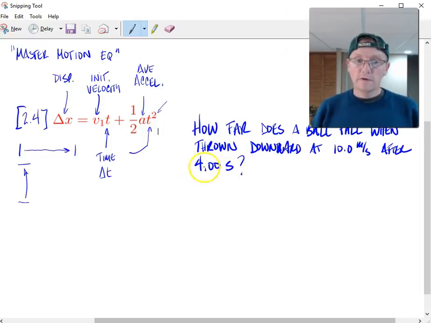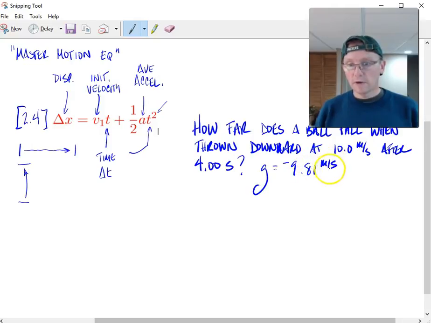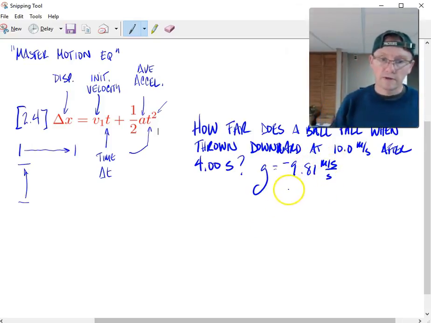Now, to answer this, you need to know what the acceleration is. So the key is right there, fall. When things fall, they're accelerated by gravitation. So they have this gravitational acceleration, which you might remember little g as being negative, because it's down, 9.81 meters per second per second. So hopefully that makes sense.